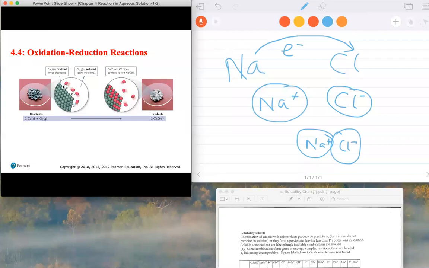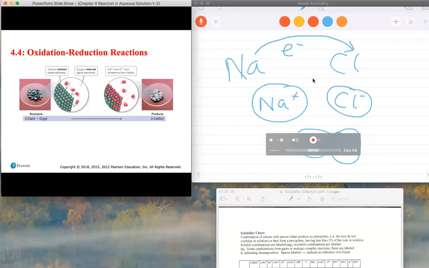Here is an example of redox. On the PowerPoint slide, there is calcium and oxygen reacting. A metal loses one or more electrons to a non-metal in the formation of an ionic compound. Now, if sodium is losing, in this example chlorine is gaining.